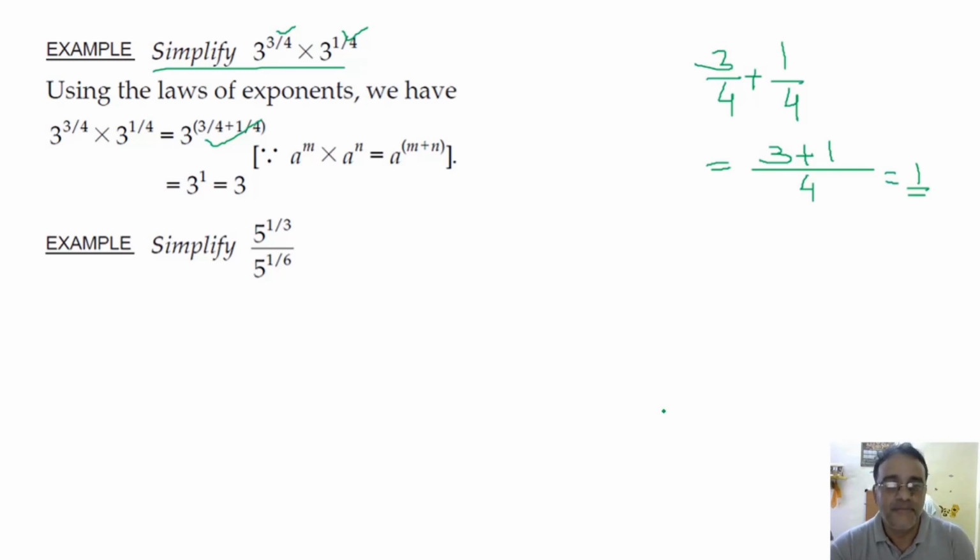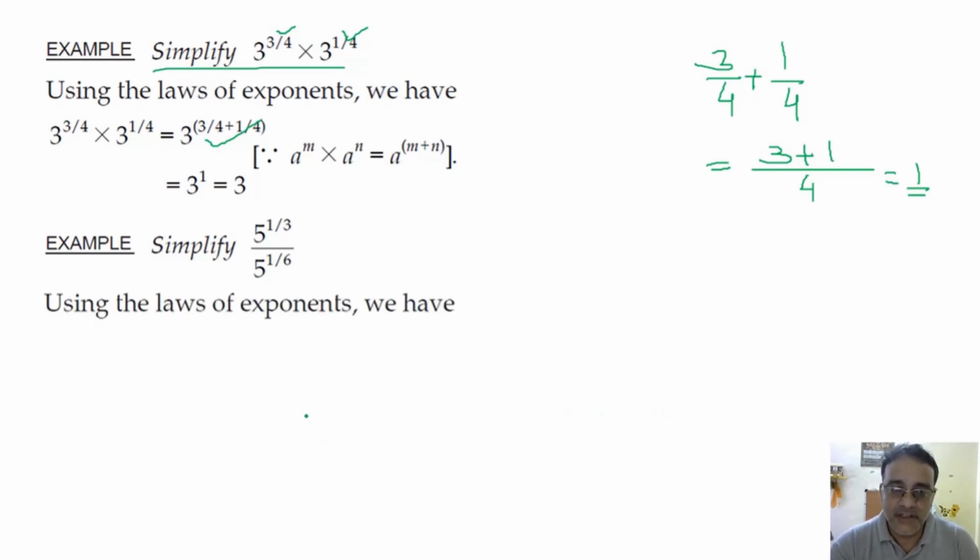Very good. So using that law we have to subtract the powers. So look here, I am subtracting the powers: 1/3 minus 1/6. So what is the LCM of the denominators? 6. So here 2 will come and here minus 1. So what is the final answer?